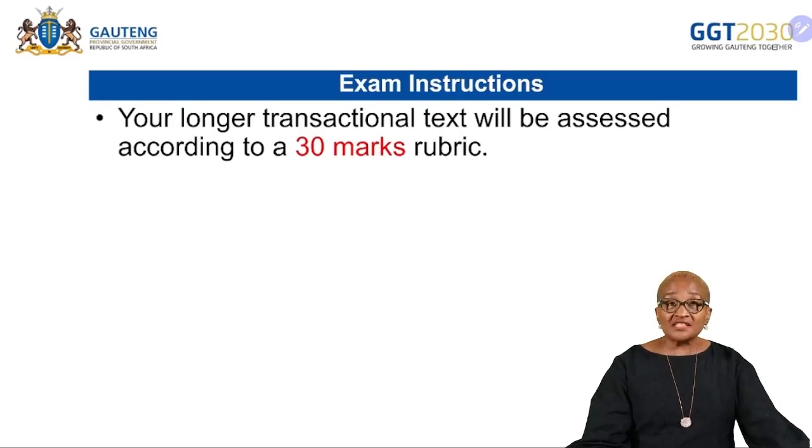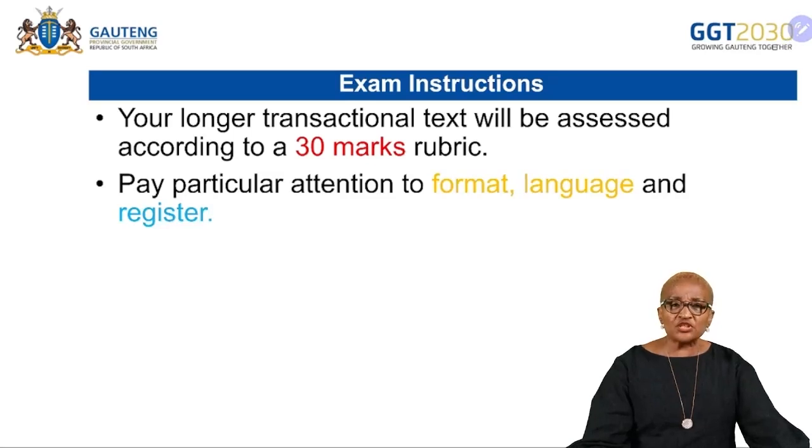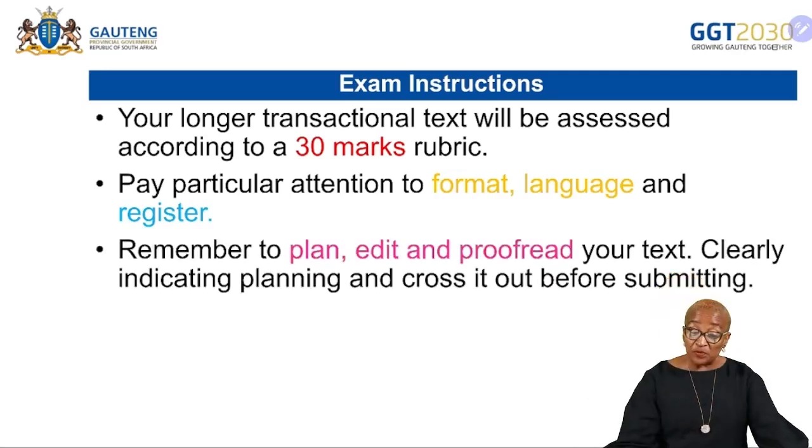Your longer transactional text will be assessed according to a 30 marks rubric. Pay particular attention to the format, the language, as well as the register. Remember to plan, edit, and proofread your text, clearly indicating planning and cross it out before submitting.